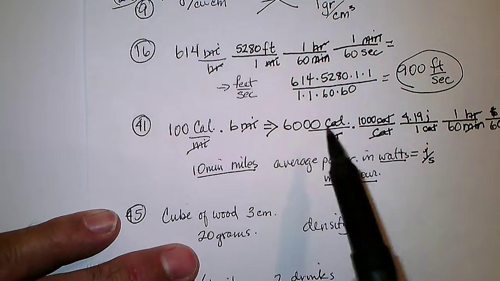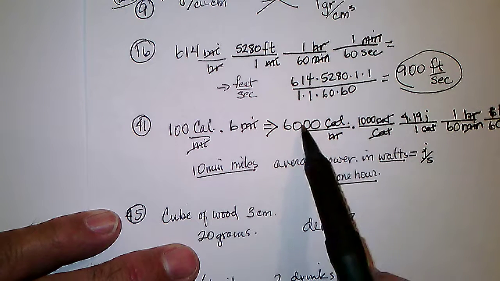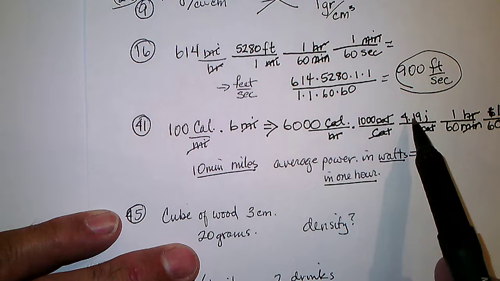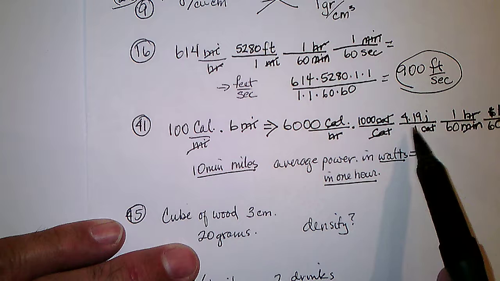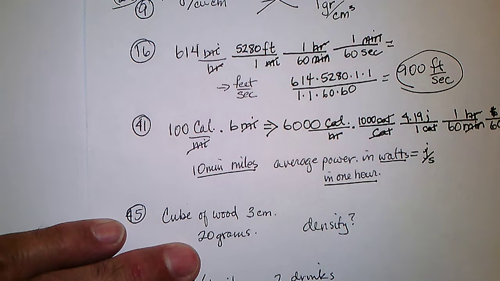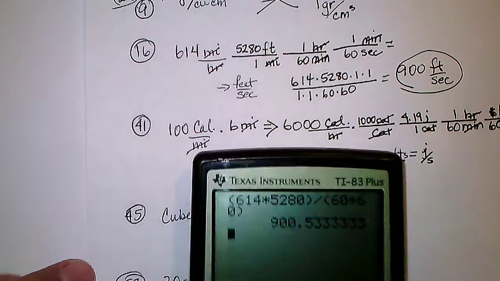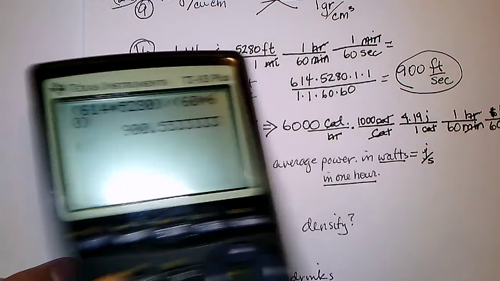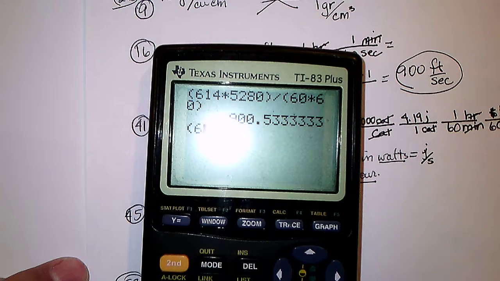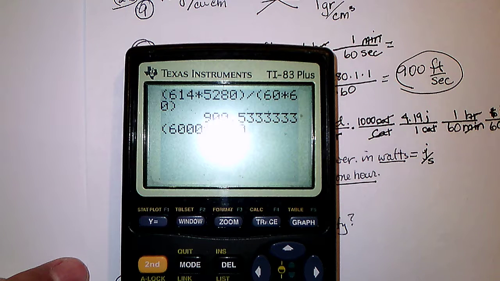So we're going to multiply 6,000 times 1,000 times 4.19 and divide it by 1 times 1 times 1 times 60 times 60. So the numerator, parentheses, 6,000 times 1,000, which is a million, times 4.19. Oops, I didn't get times, I hit divide.